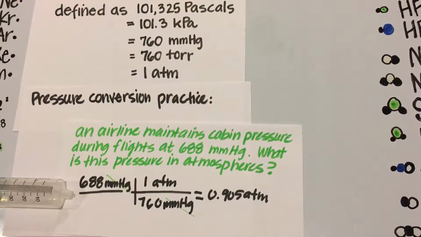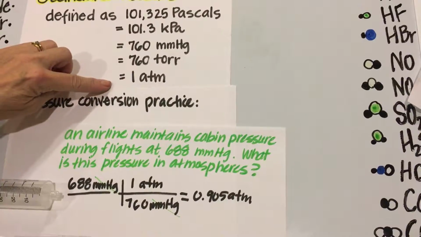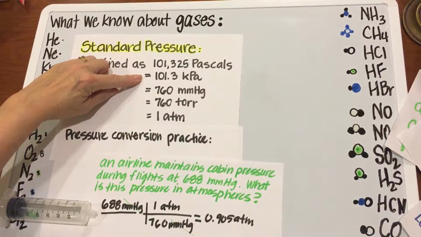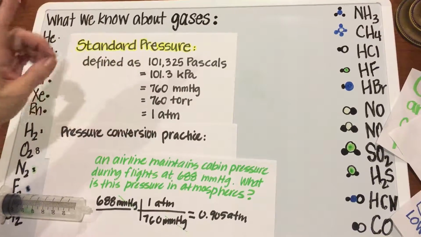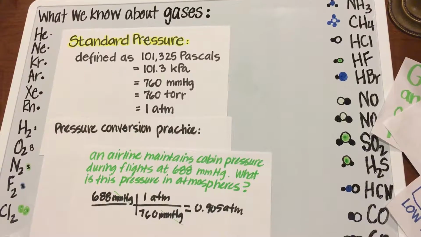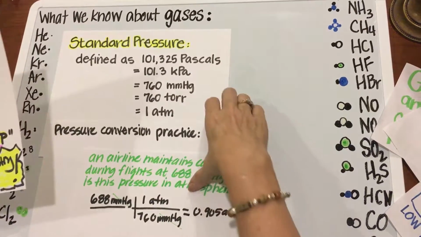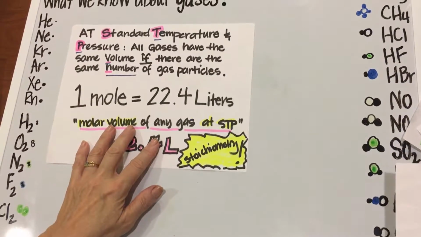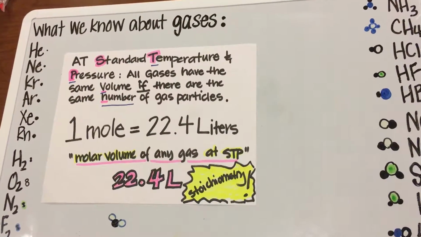Now, what is standard pressure? 1 atmosphere, or 101.3 kilopascals. What is standard temperature? 273 Kelvin. When we have standard temperature and pressure, we get to use a valuable tool in chemical calculation.